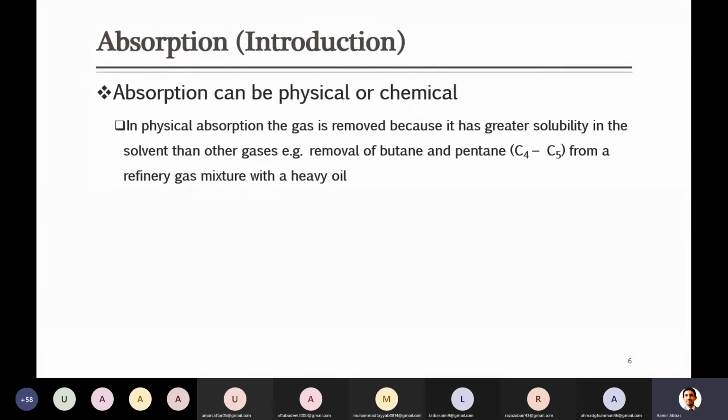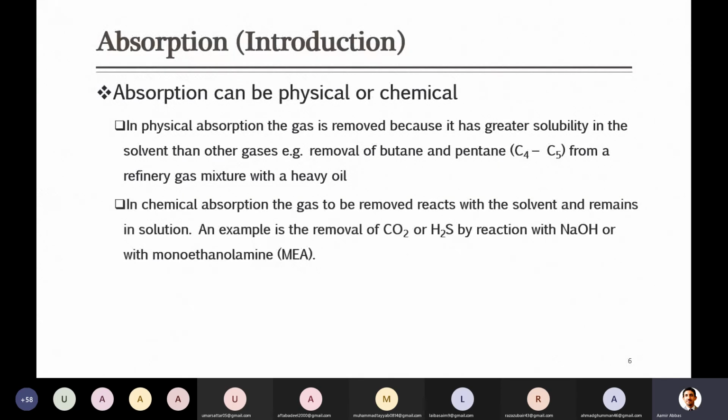Heavy oil is that oil which has API gravity less than 20. You have to search what API gravity means. Let me tell you, it is American Petroleum Institute. This is one scale to classify crude oils. In heavy oil its value is less than 20, so it is quite heavy, and it is used to absorb these kinds of gases in refinery.